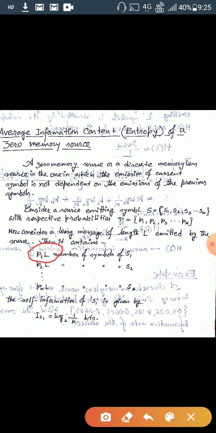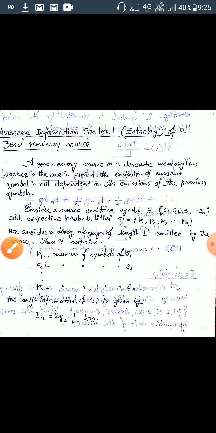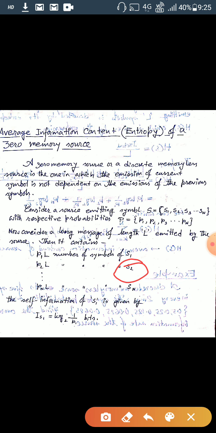The probability for the S1 symbol is P1 and the length of the message is L. Same way, for the S2 symbol, it will be P2 into L, because the probability for S2 is P2 and the length is L. Same way, for Sn the number of symbols will be Pn into L to create the message of length L.